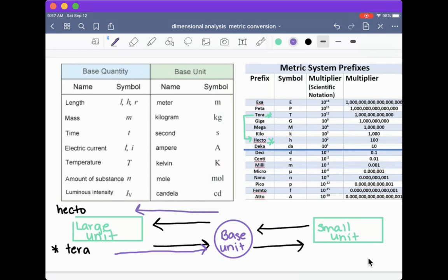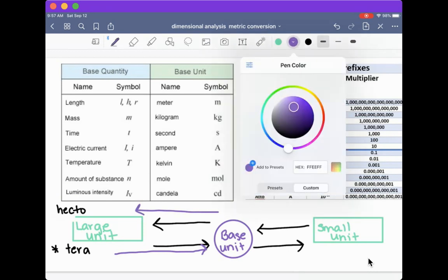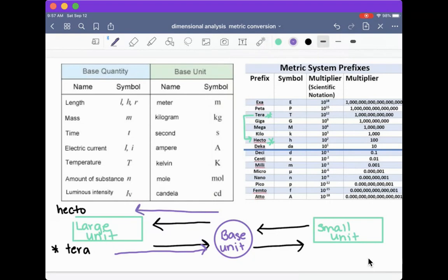So what equalities am I going to use? Well, I'm going to use my chart. Our equalities are within the chart. So if I look here, for every 1 teragram, using the gram as our base unit here, there are 10 to the 12 grams. So there's one equality. Now I'm going to need the hecto.